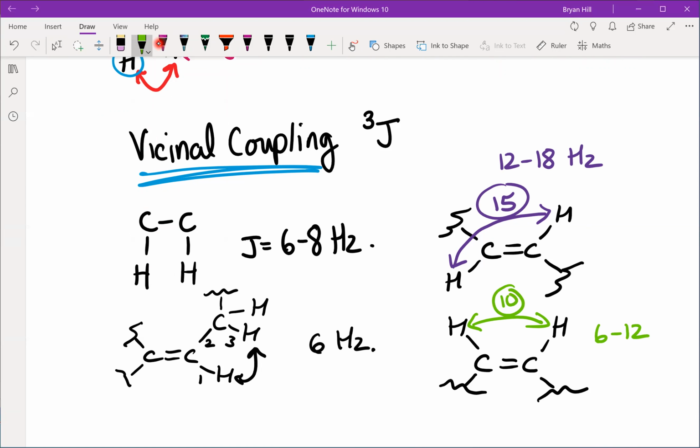The high end of the cis is the low end of the trans, so often you can easily distinguish between the two of them. So these are still 3-bond couplings. And then there's such a thing as 4 and 5-bond couplings, long-range couplings. But for right now, we're not going to talk about that.